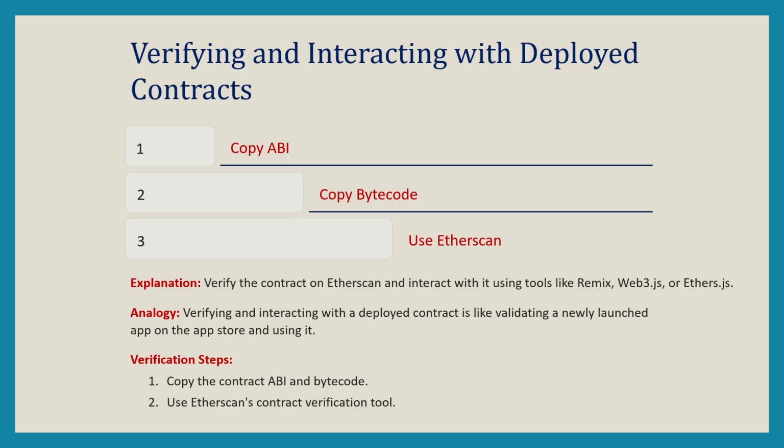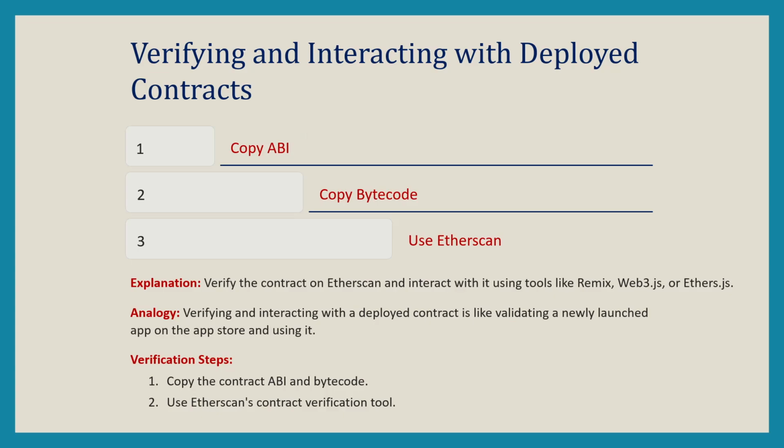Next is bytecode. Bytecode is the compiled binary code that gets deployed to the blockchain. As the name suggests, it's just the code. And what is Etherscan? Etherscan is just a block explorer for Ethereum that provides transparency by allowing you to verify and view contracts. It's a tool you're using to verify and view your contracts.